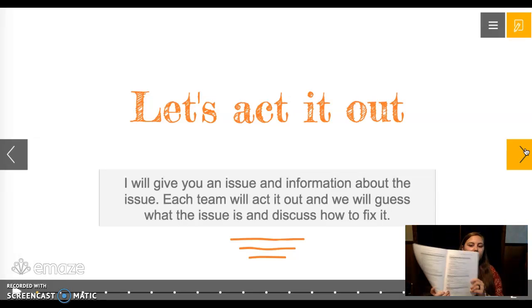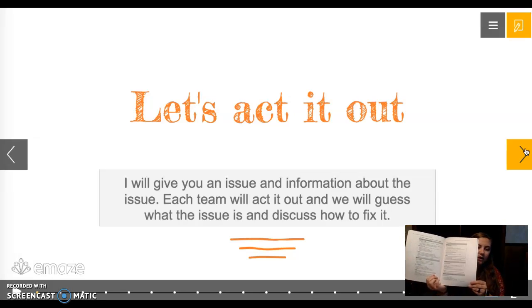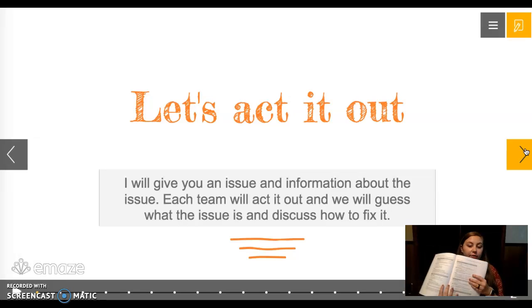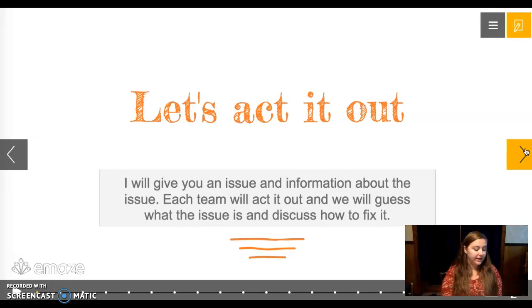I would provide everyone with copies of these pages, because I think this is a great resource to have. It gives you the issue and suggestions on how to fix it. Each team or group would have an issue, they would act it out, and then we would guess what the issue was based off of what we've read, and then we would discuss how to fix it.